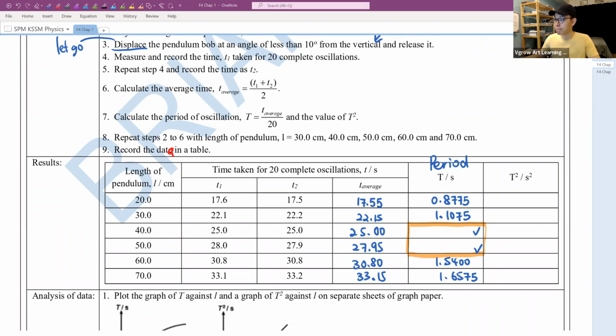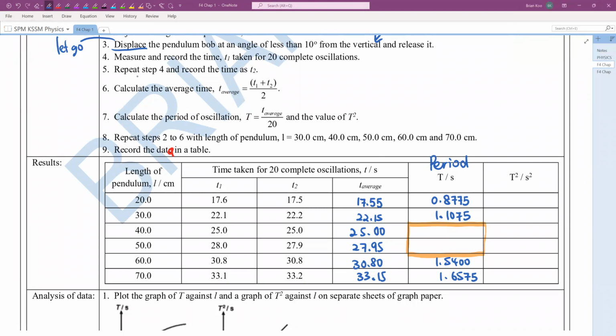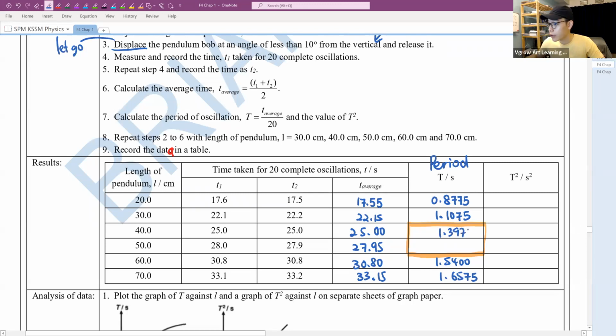You can get? 1.3975, and the next one is 1.54. Yeah, 1.3975, 1.5400. Okay.